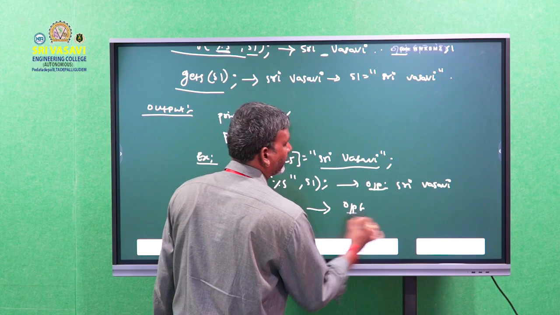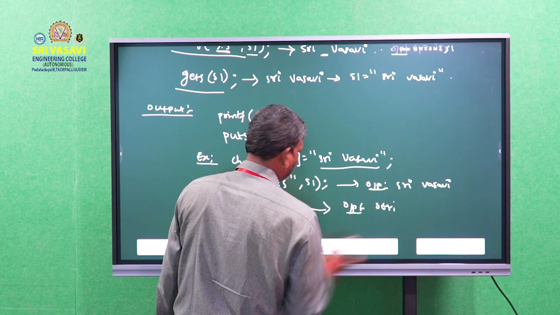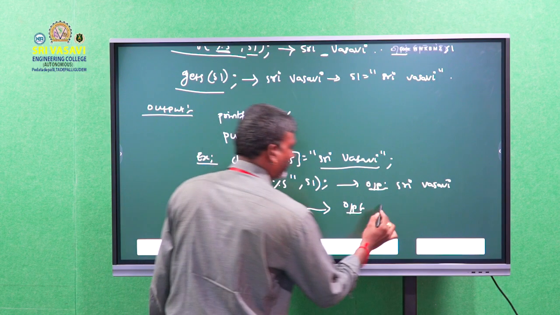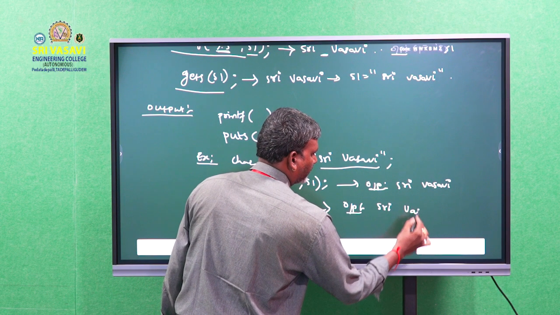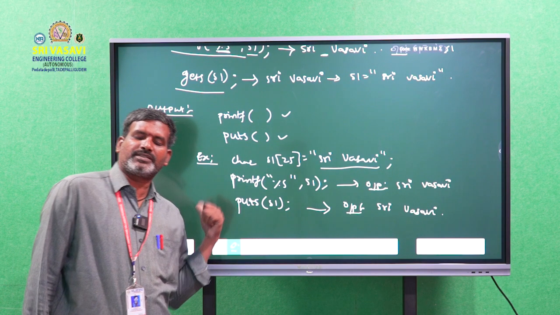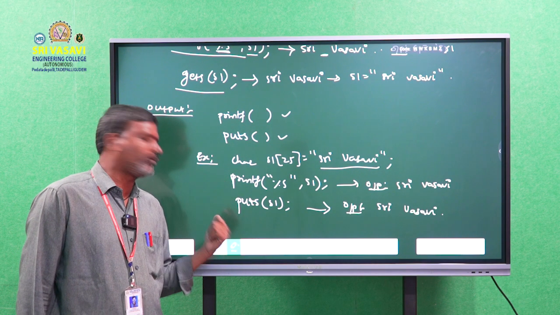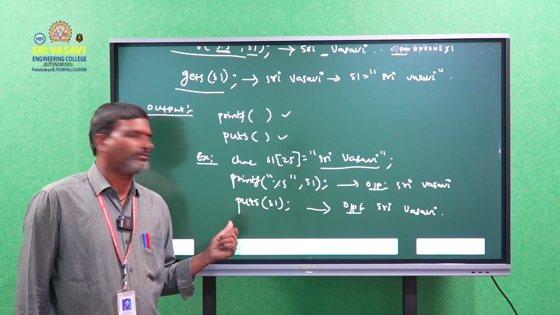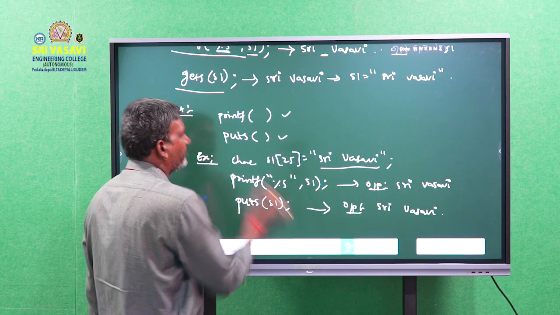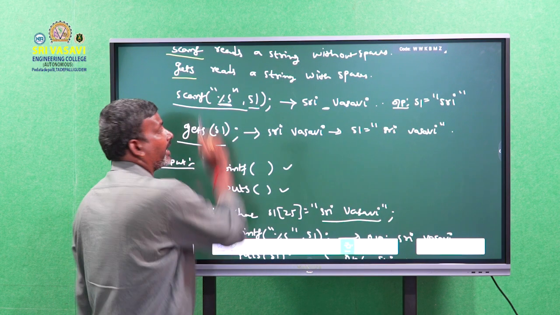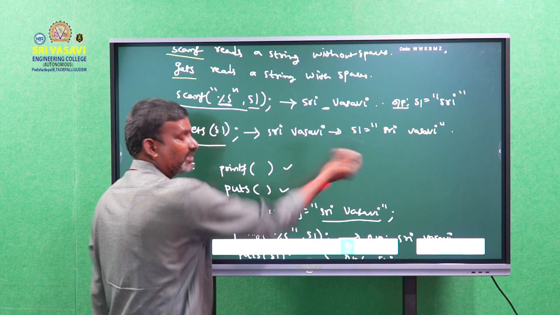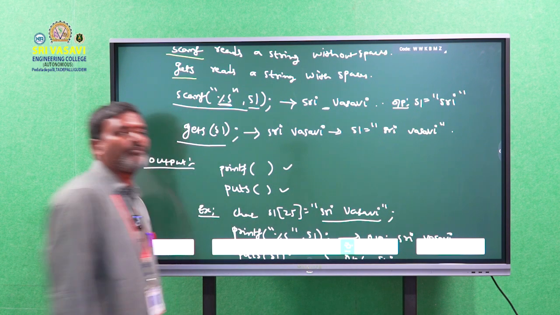The output is Srivasavi. So for output statements, printf and puts are the same and display the same original string. But for input statements, scanf does not read space values and gets reads including space values. That is the main difference.